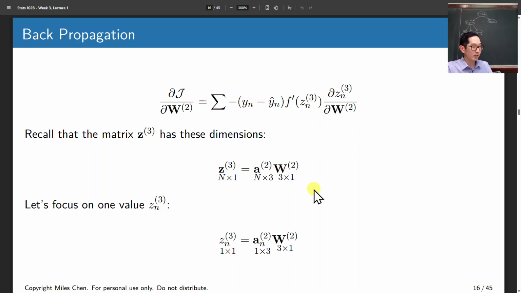So in our diagram, this is our hidden layer, and we go from Zn1, or is it Zn2?